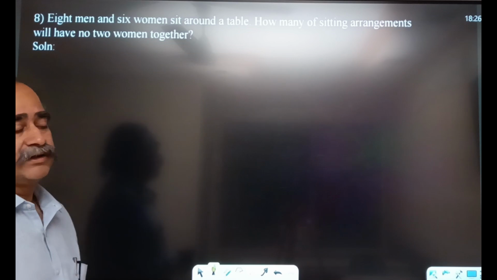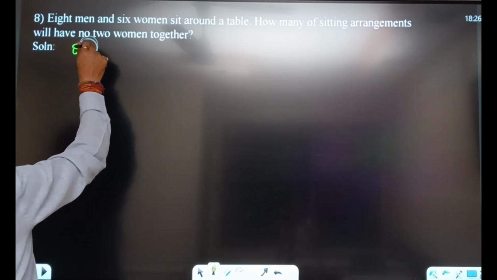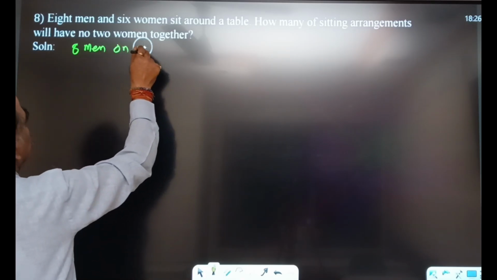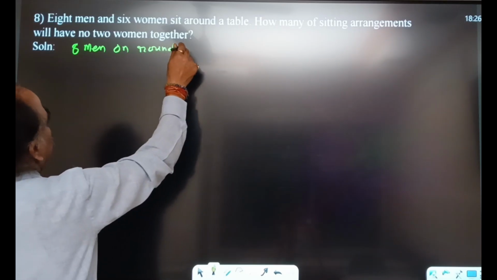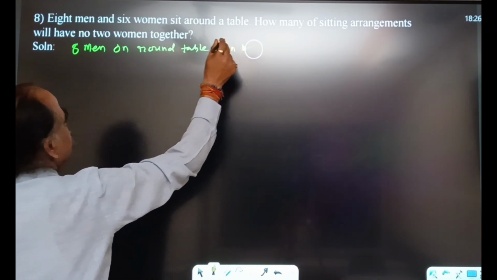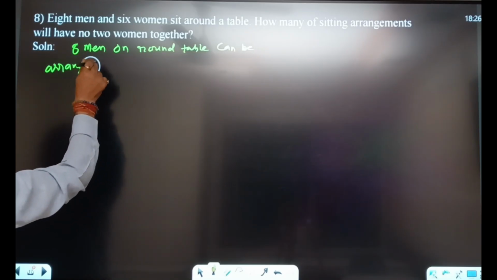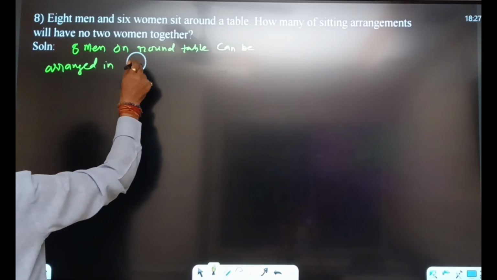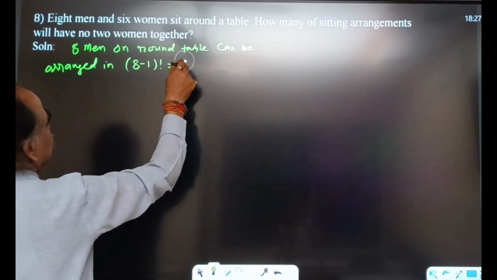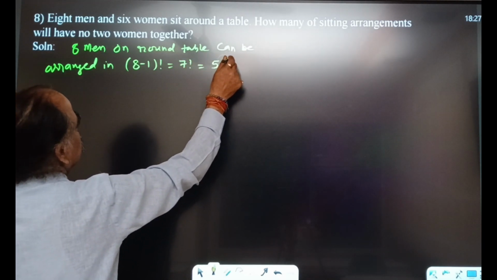So first we'll arrange men. 8 men on a round table can be arranged in 8 minus 1 factorial, 7 factorial, equal to 5040 ways.